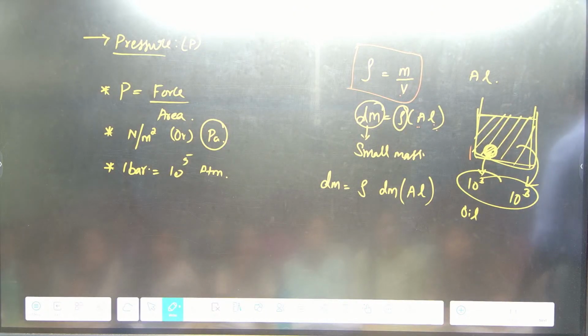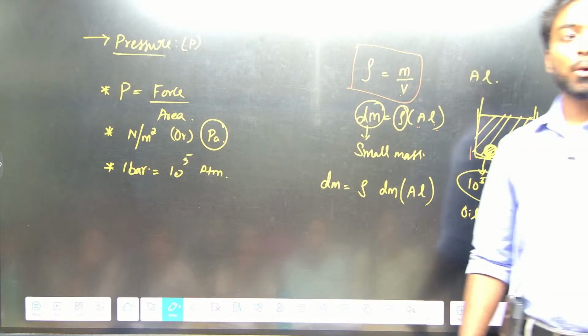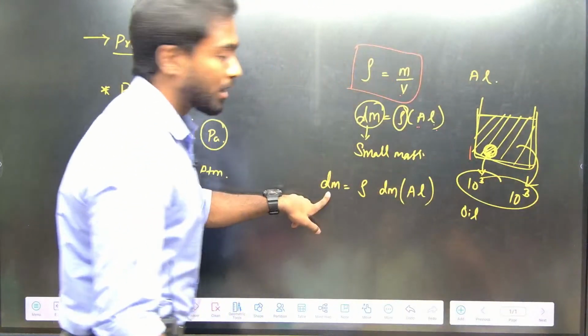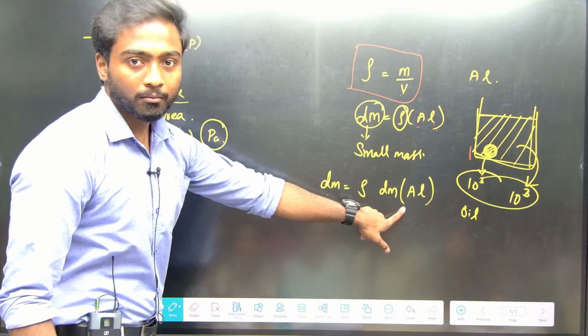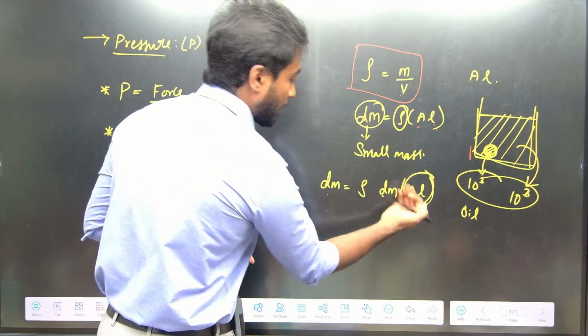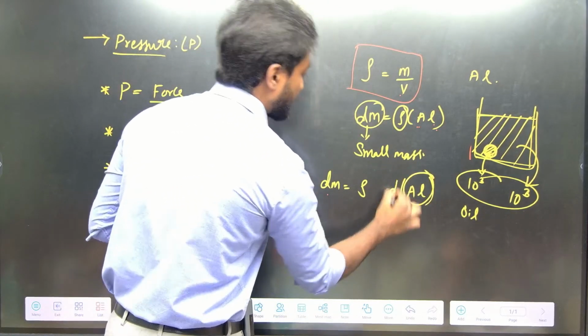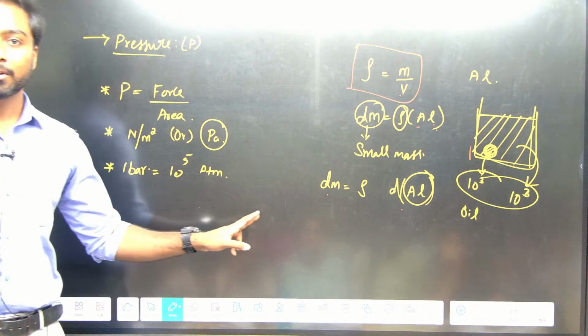So 1 drop will have a different mass and 1 liter will have a different mass. Yes, no? I am talking about only one drop, which is small. Then I will talk about a small volume, getting the point? This whole thing is volume, right? So d times, okay, d times A L. Any doubt here? Any doubt?